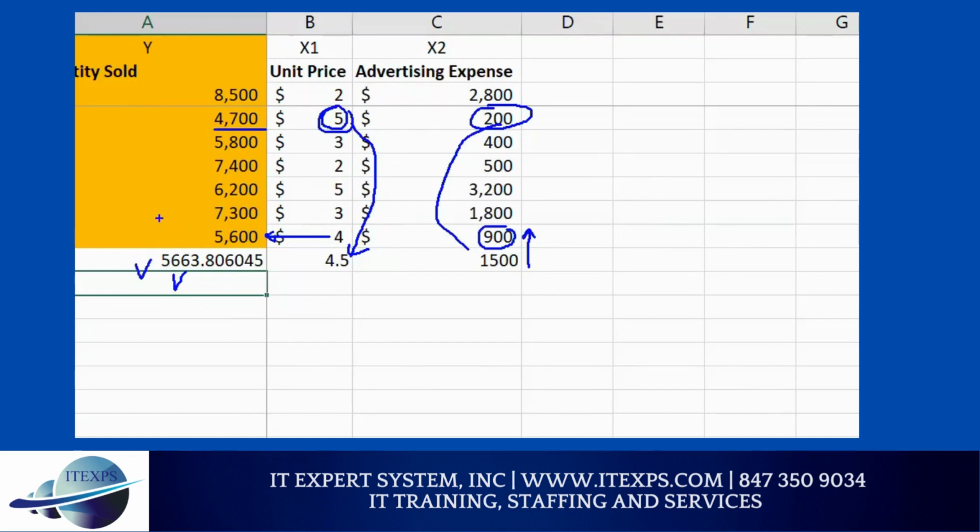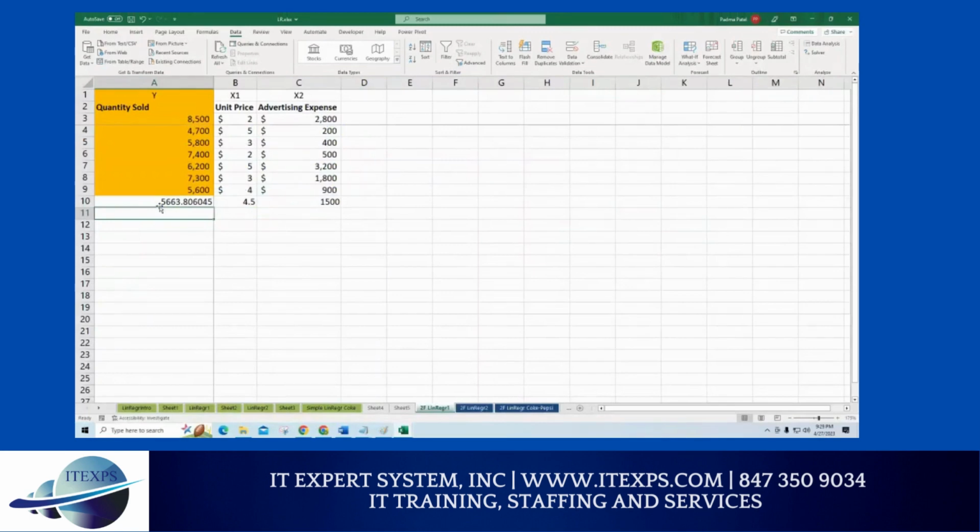So this is the litmus test. It means advertising does help. Not only price helps, but advertising also helps, and you are able to predict it here. Any questions so far? Any questions, concerns, doubts?